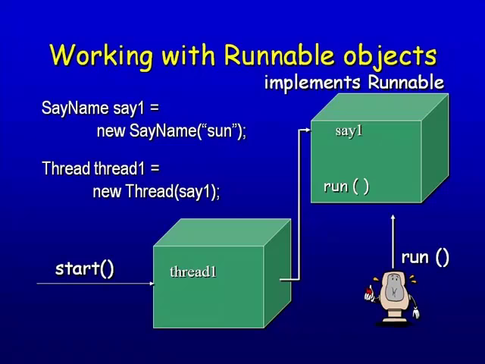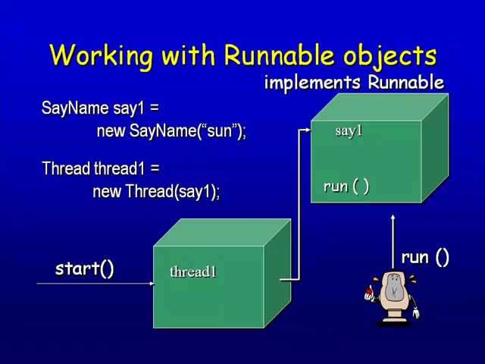When working with the Runnable Interface, it's actually a two-step process. We have to create the instance of our class, in this case sayName, passing it a parameter, and then we have to create a new thread instance.